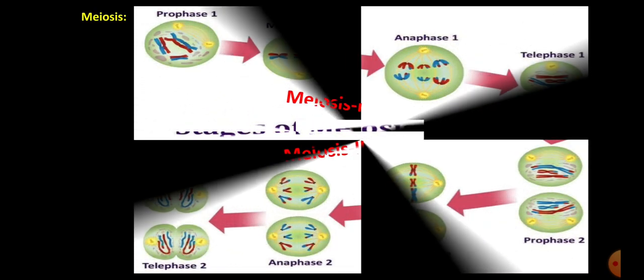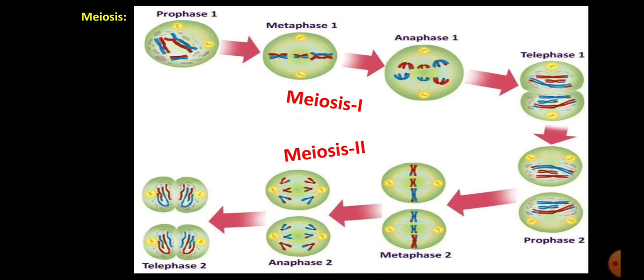The next is meiosis. Now meiosis has 2 phases, meiosis 1 and meiosis 2. In meiosis 1, it is actual meiosis where the number of chromosomes becomes half, and in meiosis 2, it is actually mitosis where the number of chromosomes remains the same.